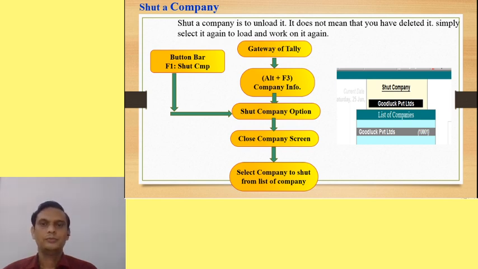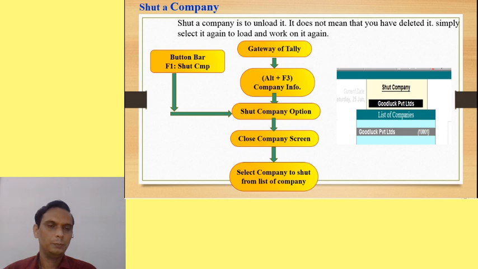Or by this process: on the Gateway of Tally, press Alt plus F3, and the company info menu will appear. Select the shut company option. When we select the shut company option, the next screen will be available.